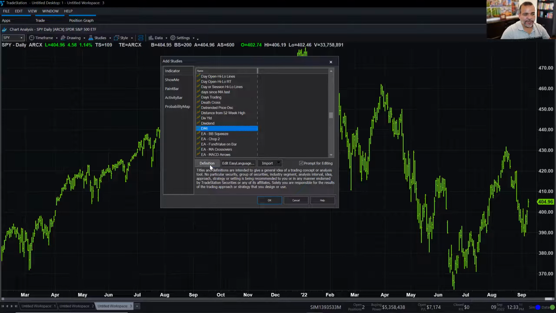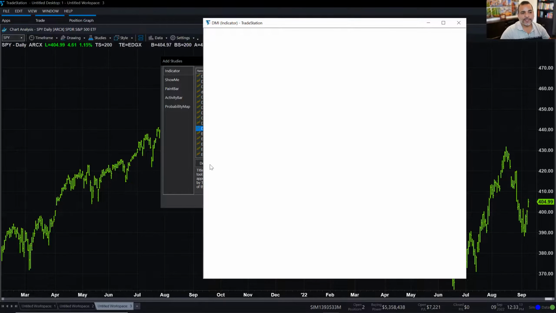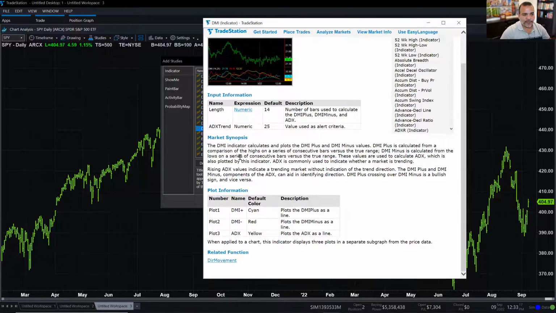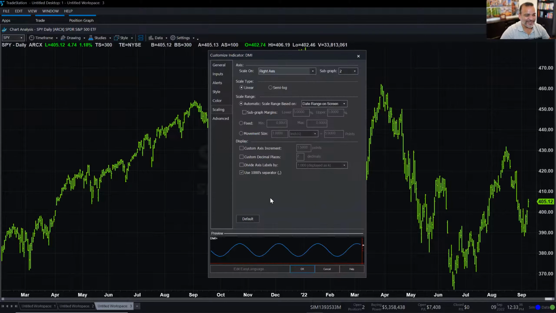You can click on definition. Definition usually gives you additional information about how the DMI study works. This is a synopsis, a summary of how the indicator should be interpreted and how it's calculated. We're going to go a little bit deeper into the DMI calculations than what is presented here, so hang on tight. Let's go ahead and put it on the chart.